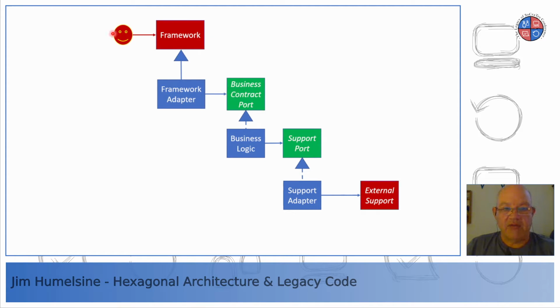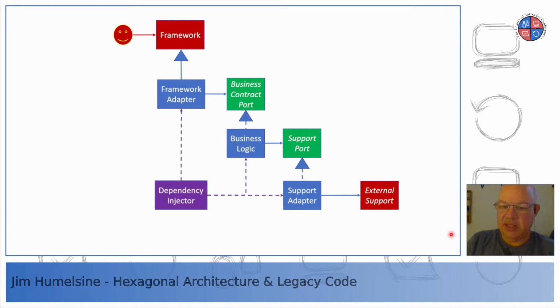As we can see, we're having delegation, polymorphism, delegation, polymorphism, and this almost looks like a descending staircase. We would also have some sort of dependency injector that would fill in all the pieces.